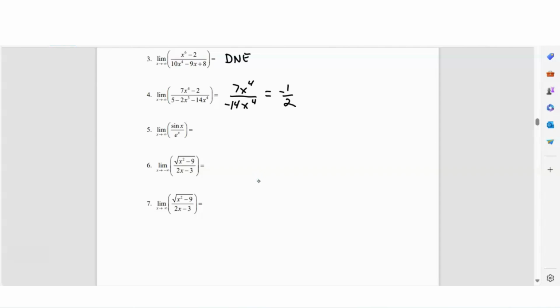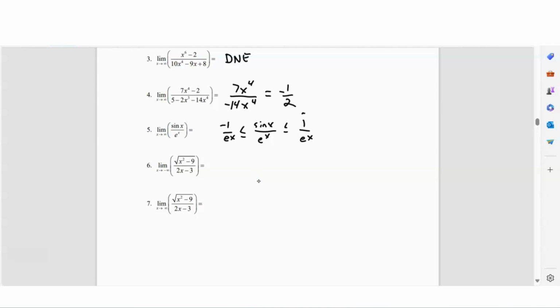So number 5, and we could also use what's called the squeeze theorem for number 5. We know that the sine fluctuates between -1 and +1. So we know sine x over e to the x must be between these two functions here.